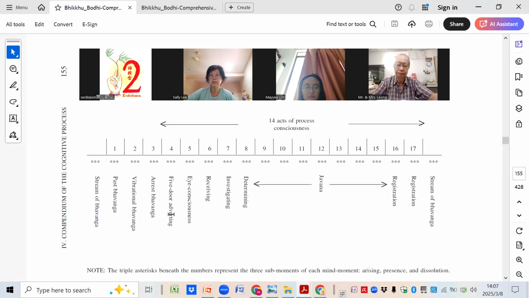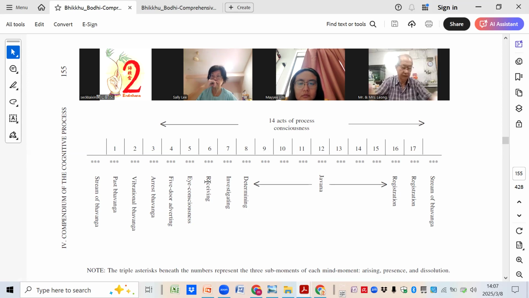So this consciousness is taking, for example, the sound as an object. Then this consciousness will dissolve, and then another consciousness, for example eye consciousness, appears and takes this as an object. Then receiving it, investigating it, and determining it.